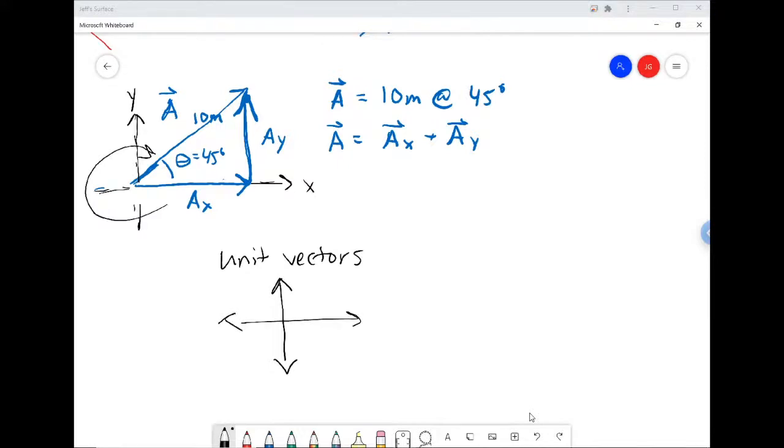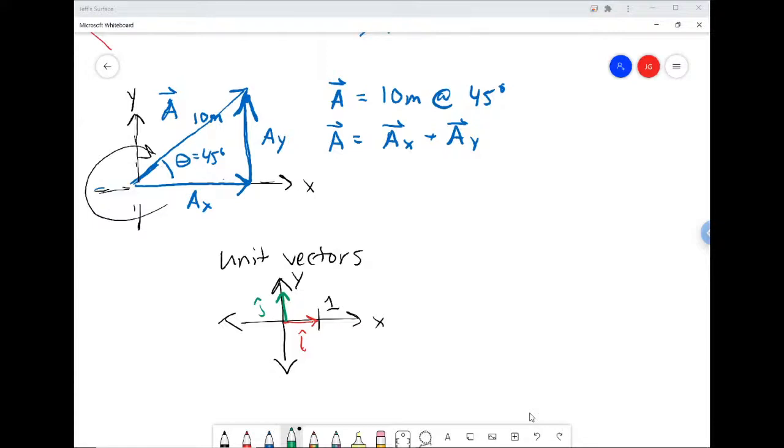Let me draw axes here. So we have a unit vector called i hat, which is the unit vector of magnitude 1 that points along the x-axis, and we have a unit vector j hat, which has magnitude 1 and points in the positive y-axis. So another way to think about these things, Ax and Ay, is their magnitudes multiplied by the unit vectors.